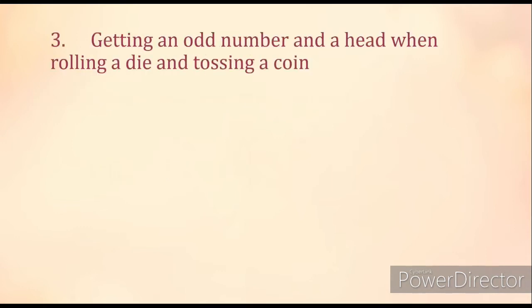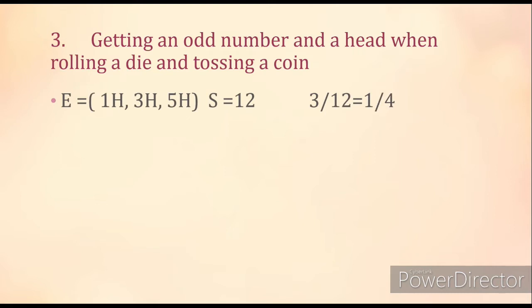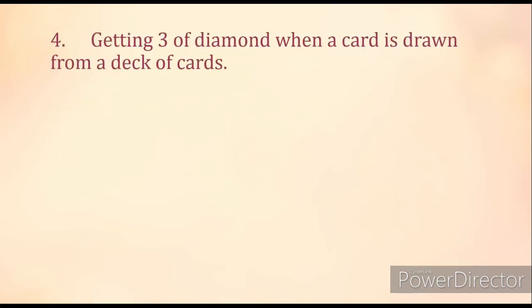Number 3, getting an odd number and a head when rolling a die and tossing a coin. If you got 3 over 12 or 1/4, you are correct. Number 4, getting a 3 of diamond when a card is drawn from a deck of cards.